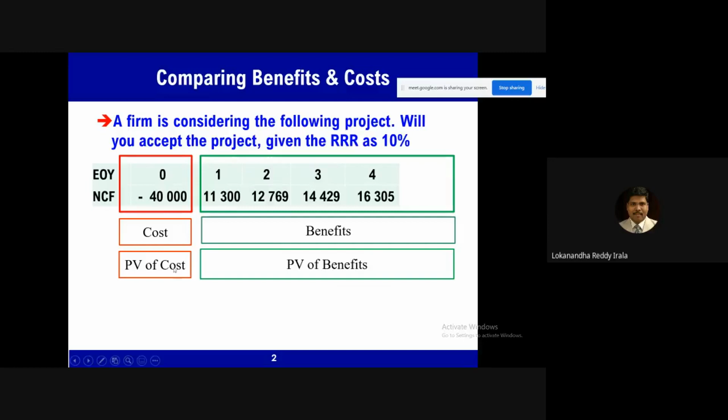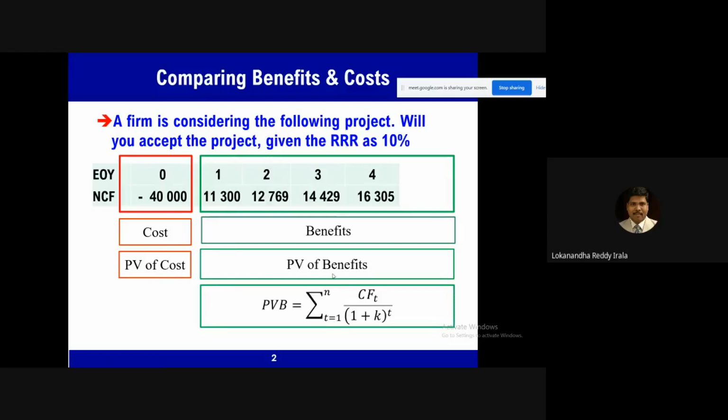And of course, there are 3 different ways of comparing the present value of cost with the present value of benefits. The first way is to take the difference between the present value of benefits and the present value of cost, which results in the net present value.